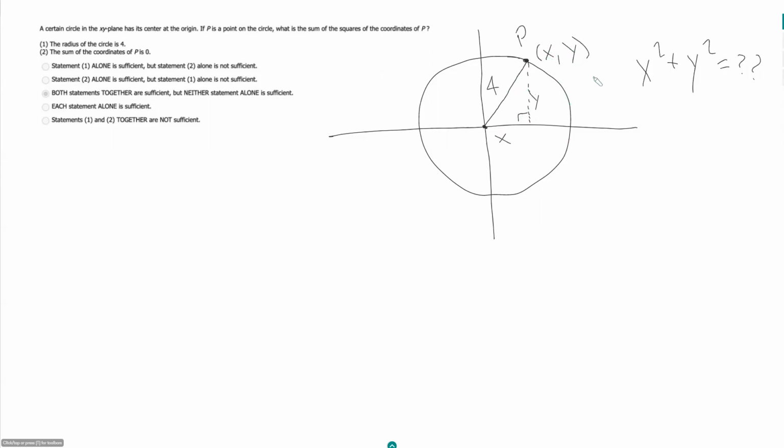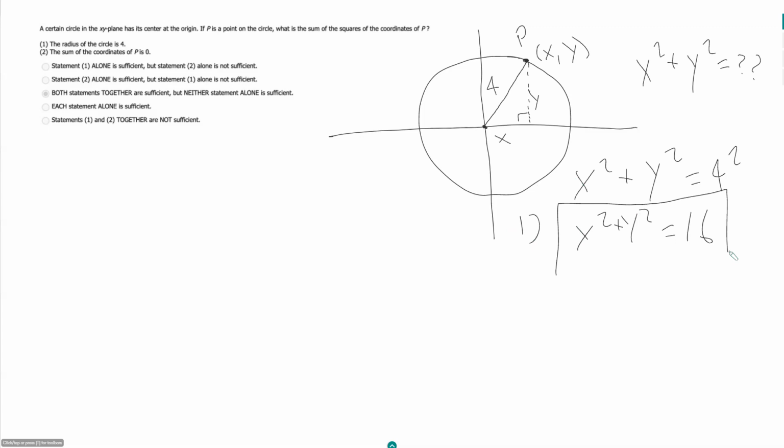And so, using the Pythagorean theorem, what would I know? I would know that x squared plus y squared would be equal to 4 squared, or x squared plus y squared is equal to 16.